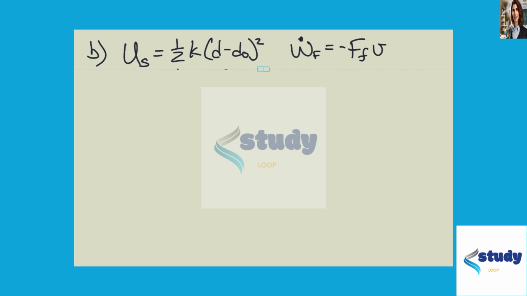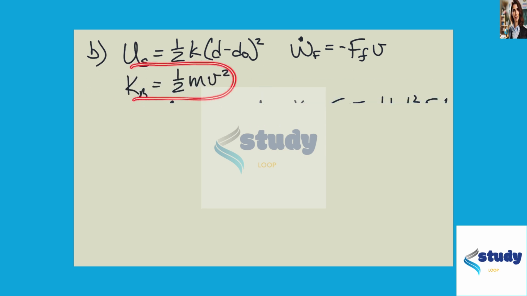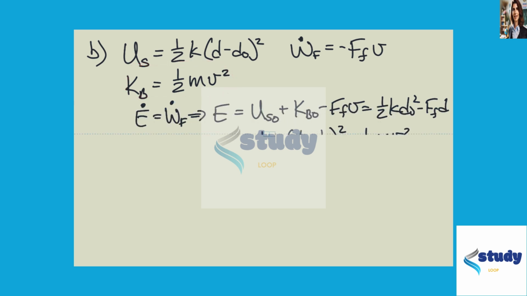So then we know the kinetic energy of the block, and so then we have that the power, the time rate of change of energy, must equal the power flow into or out of the system.